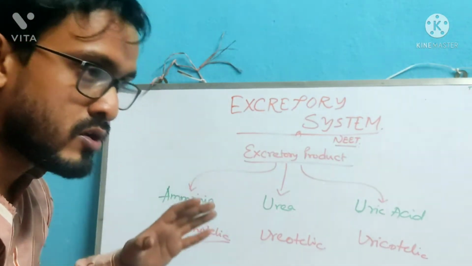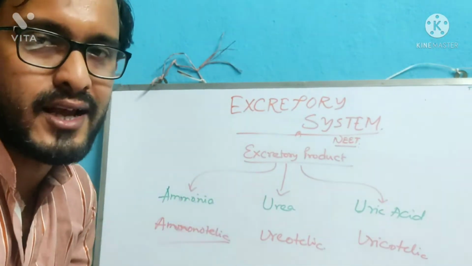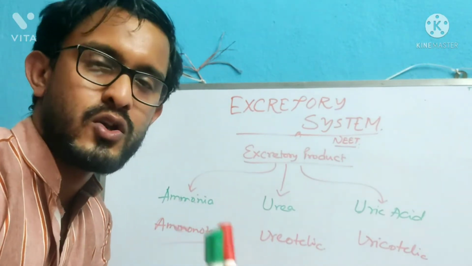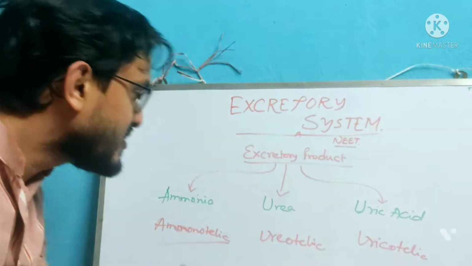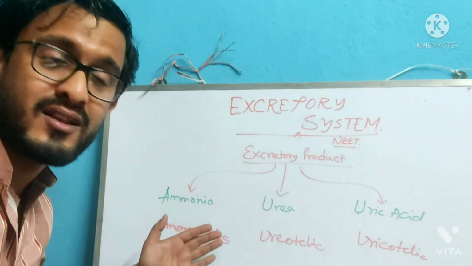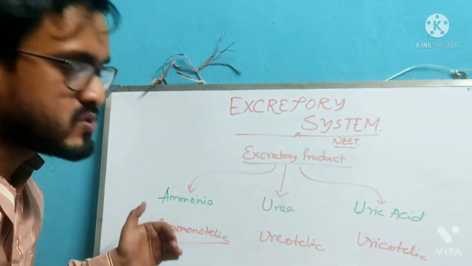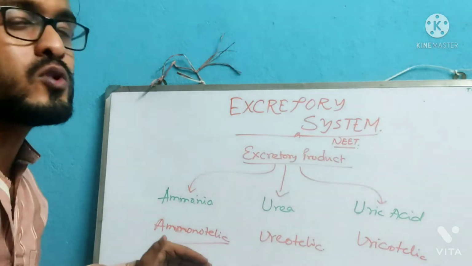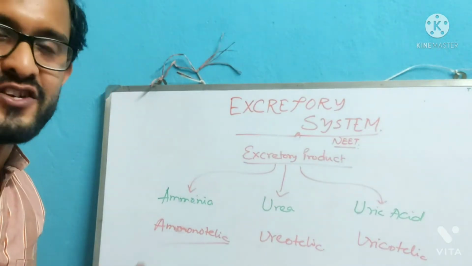On this basis we can scientifically say that those that are totally aquatic have ammonia as the excretory product. Those animals are known as ammonotelic, like the marine fishes.